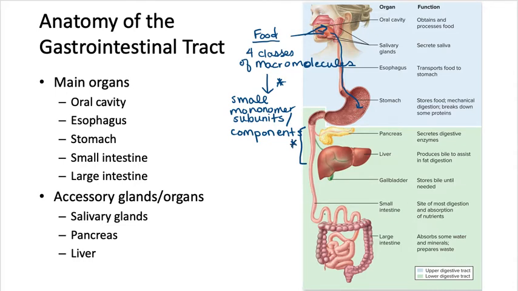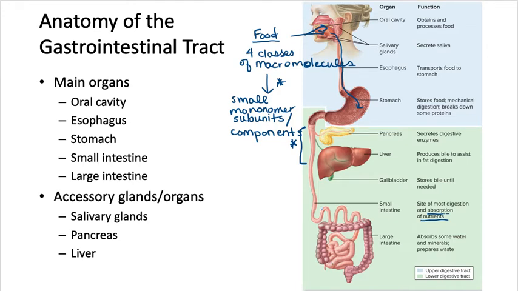In the latter portions of the small intestine, we're going to have absorption of the nutrients. So we break down our macromolecules into our smaller monomer subunits, and then those smaller nutrients are absorbed into our bloodstream.